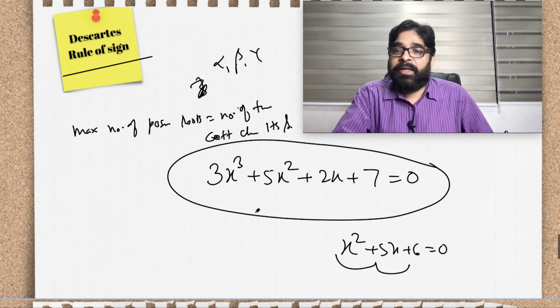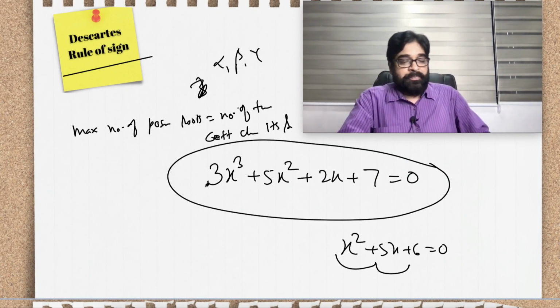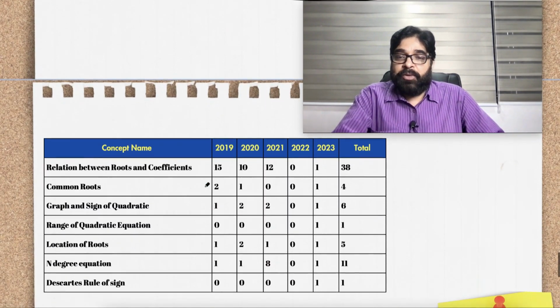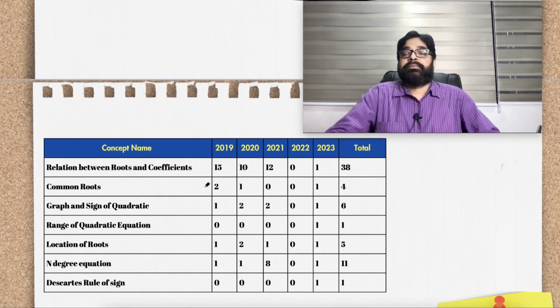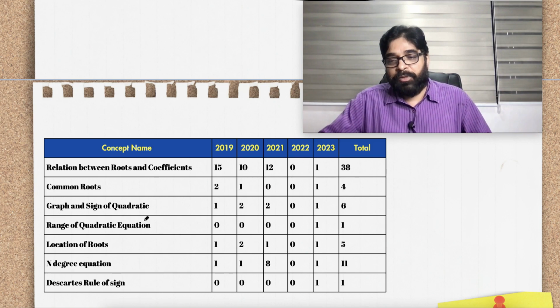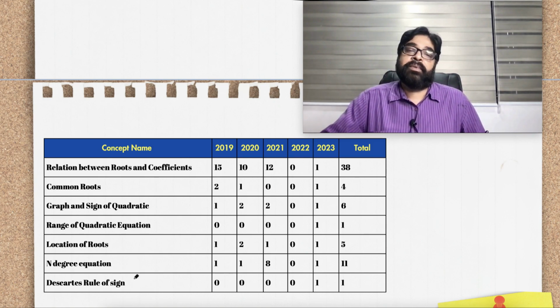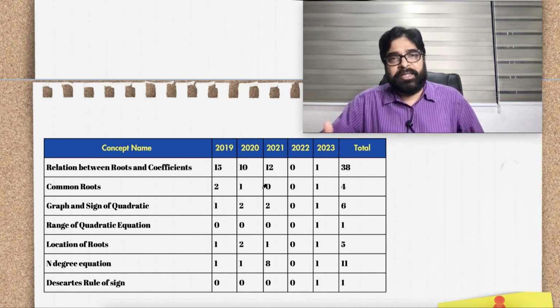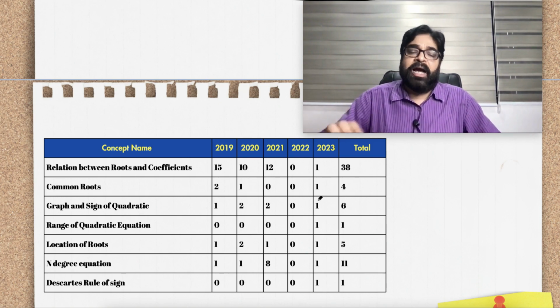This is the last point we reached. This is the concept which I told you; these many points are there. Sometimes 1-2 questions will contain some other concept also, but roughly this is the idea.